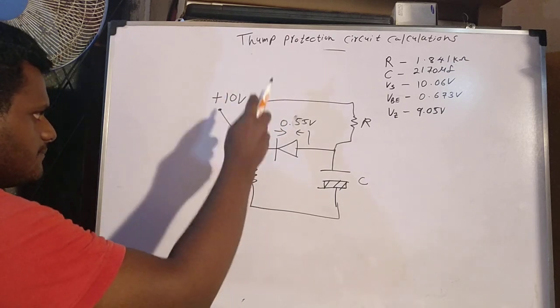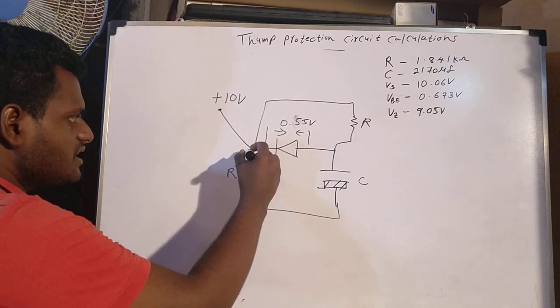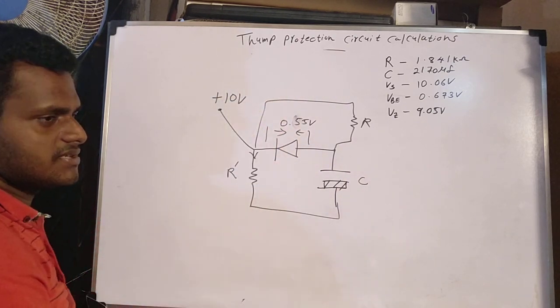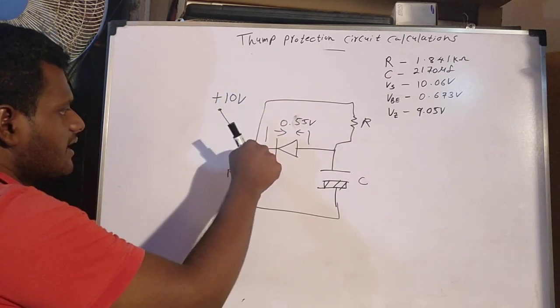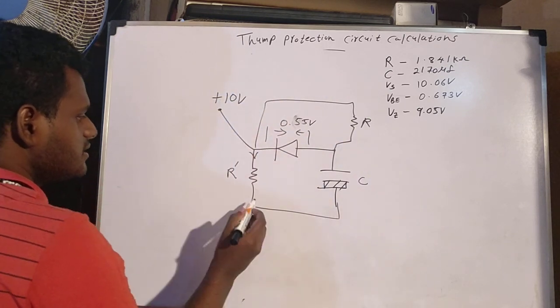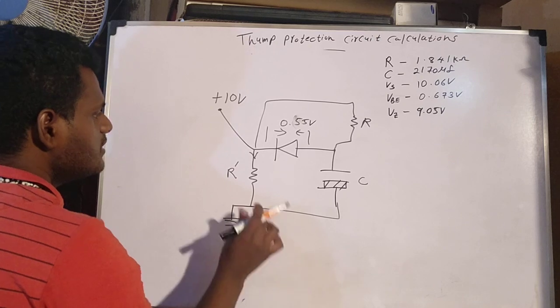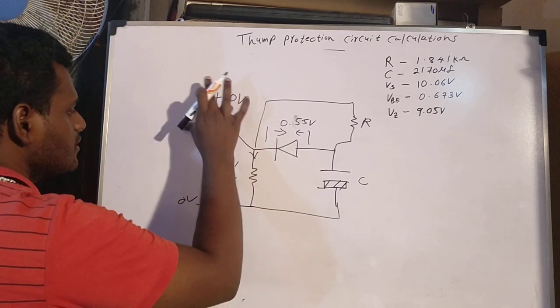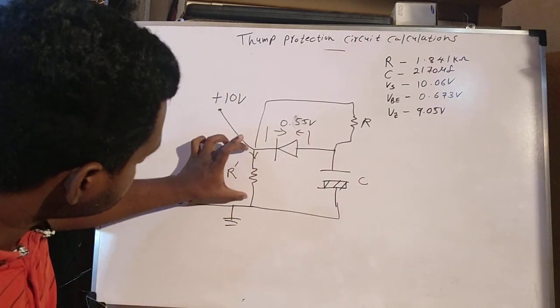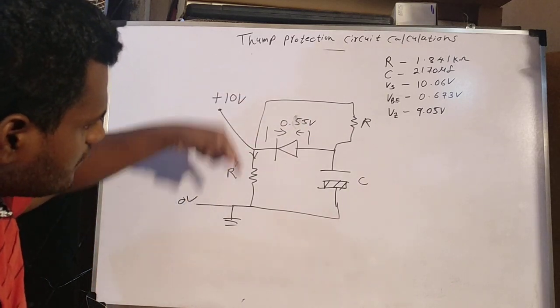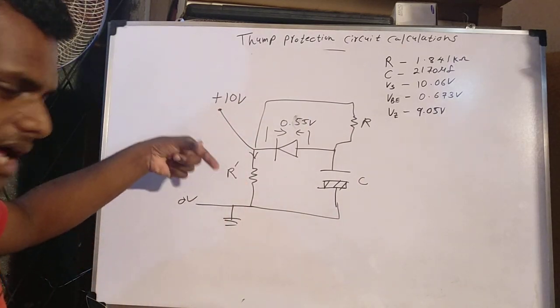So every time there is some inrush current into that resistor. Every time there is a 10 volt reference here, and it's also grounded, so grounded means 0 volts. According to this 10 volts, this resistor has some inrush current flowing. We call that the inrush current.